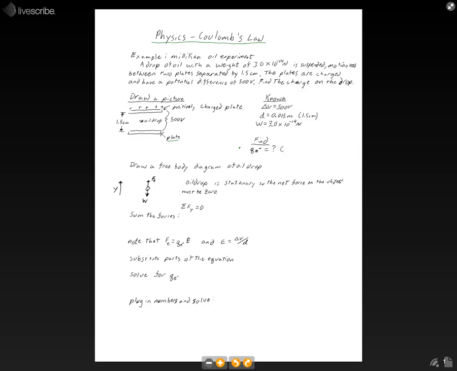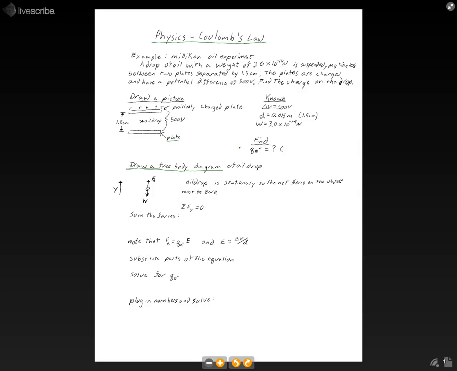With most problems that involve forces, it's usually a good idea to draw a free body diagram. And we're just going to go ahead and draw a diagram of the oil drop. In this diagram we have the little drop of oil in the center.